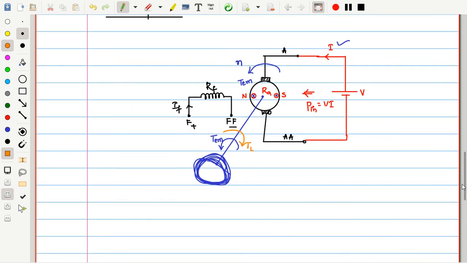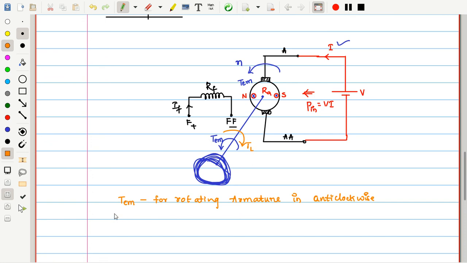But in general, for a motor, the electromagnetic torque TEM is responsible for rotating the armature in counterclockwise direction or anti-clockwise direction. The machine may rotate clockwise also, but here I considered counterclockwise for motor, clockwise for generator. So that is the convention I adopted.